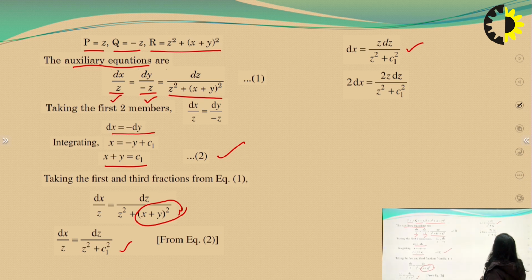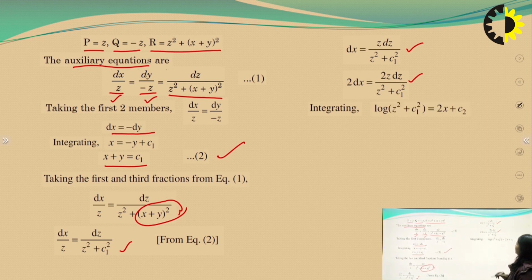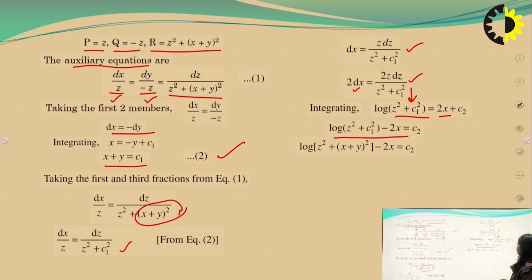Multiplying 2 on both sides, I am having 2 dx equal to 2z dz upon z square plus c1 square, which on integration will give me log of z square plus c1 square. This is integration from this side, and this 2x I achieve from 2 dx, plus constant of integration. So I have log of z square plus c1 square minus 2x equal to c2 as one more solution.